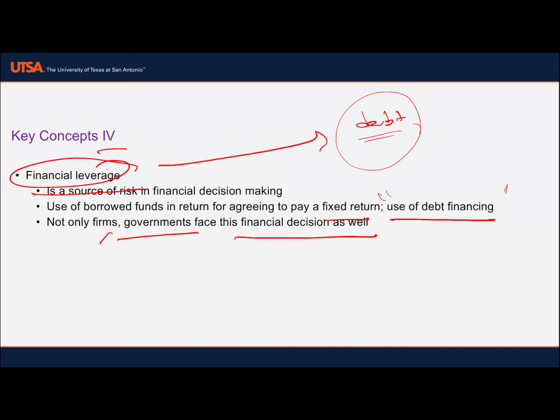Not only firms, governments also face these financial decisions. Firms need that, and governments also need that.